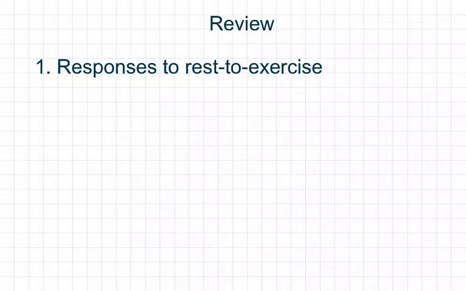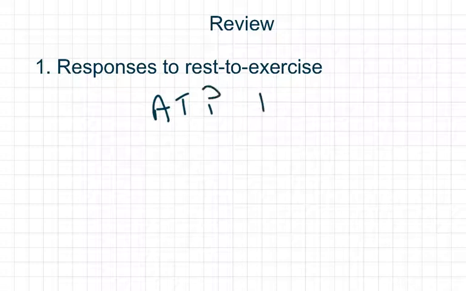We introduced the idea of basal metabolic rate, or BMR, and this is the sum of your metabolism at rest when you're not doing anything, and how it changes going from rest to exercise. And so in the initial minutes of steady state exercise, we say that ATP demand outweighs ATP supply.